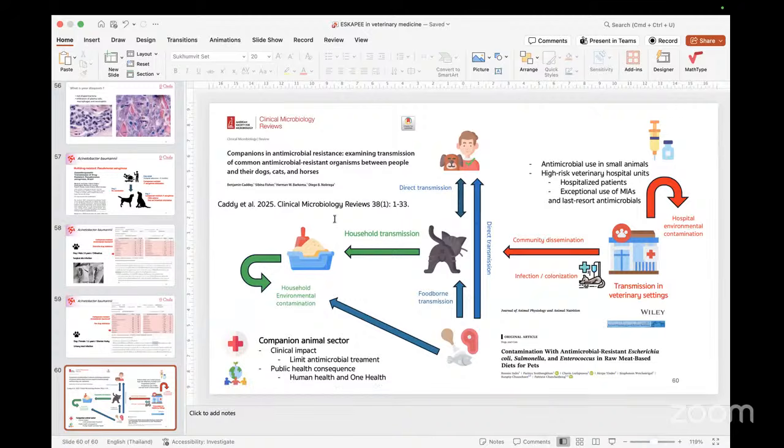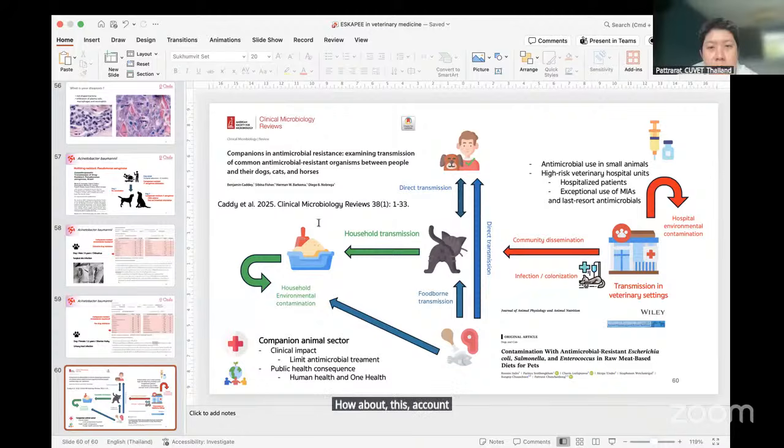How about this, Ajahn? Of course, both animals and the environment are reservoirs of the resistance genes.